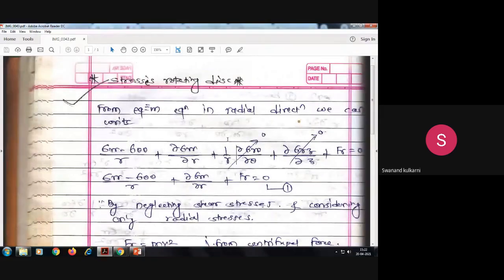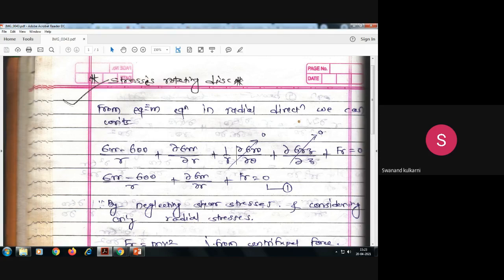Now whenever we are considering that this disk is rotating, and the stresses generated in the rotating disk, basically only the terms which are associated with the radial direction are taken into consideration. Though this is the equilibrium equation, we are going to consider only the part available in the radial direction.